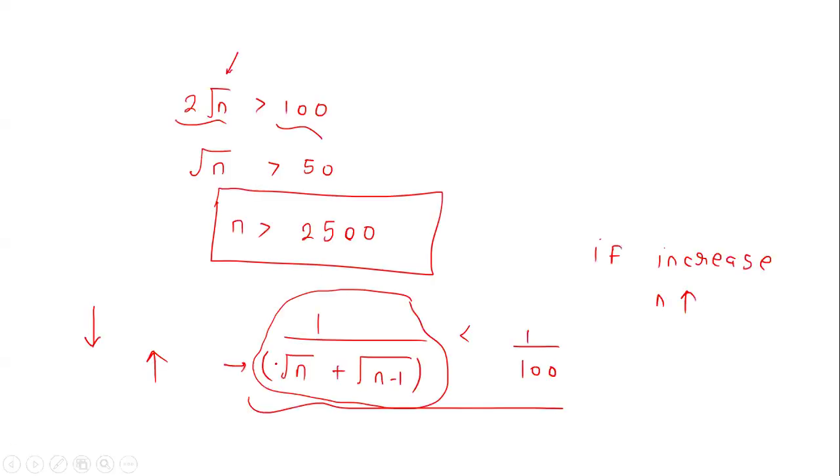In the problem, it is given that we have to find the smallest value. So assume n is the smallest value for which this inequality is satisfied. If you put n minus 1, the inequality sign should be reversed. This inequality should not hold for n minus 1.